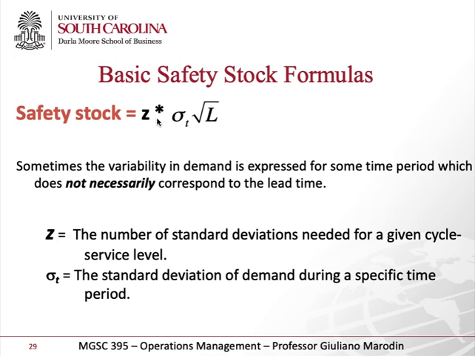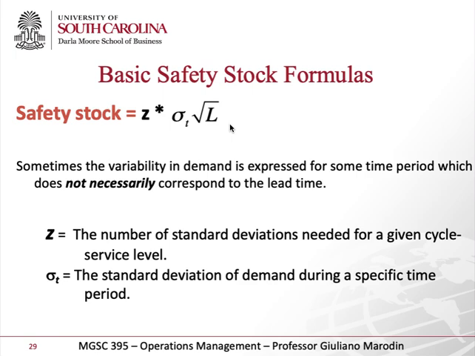The problems will give you the service level, for example, the company wants a 95% service level, and then you need to find Z on that table, okay, for 95%, this is the Z-score. And then times the standard deviation of the demand over the period of time, times the square root of L, and L is the lead time.